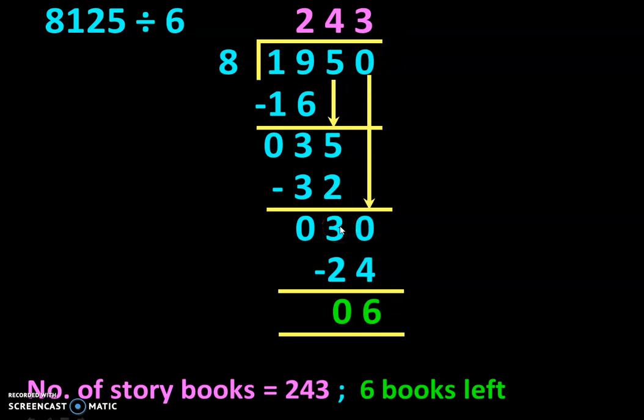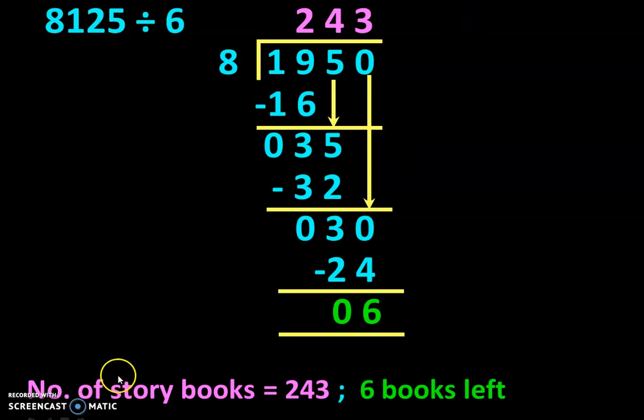Then for the third step, it is 30. I'm checking with the 8 table. 8 3s are 24 only will work out, because 8 4s are 32, which is more than 30. So I am doing 8 3s are 24. So my remainder will be 6 over here and my quotient is 243.